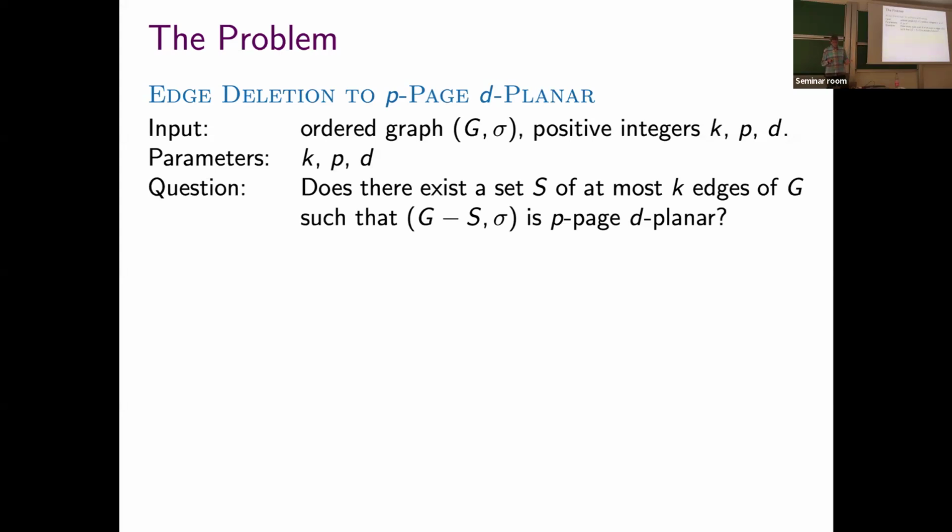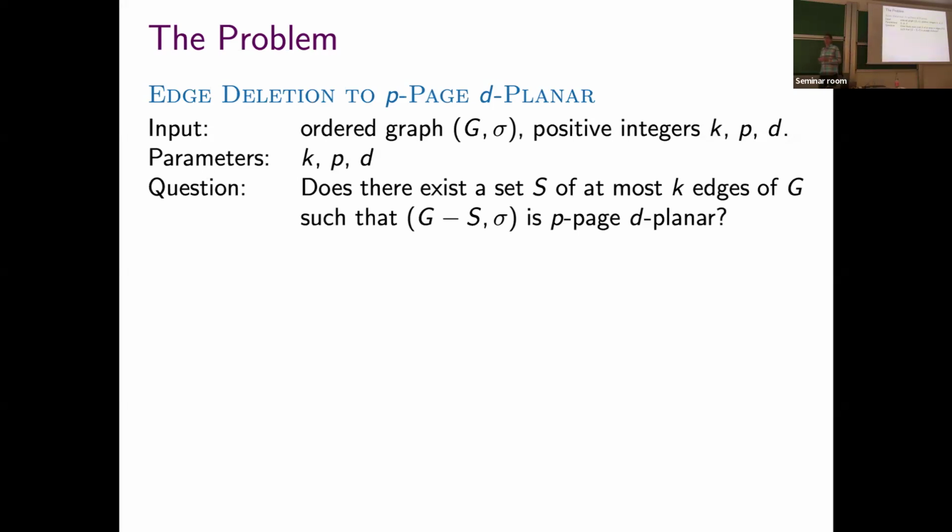And the question that we want to answer is, can we find the subset S of at most k edges of our graph, such that if I remove this subset of edges from my graph and keeping the same ordering of the vertices, can I then find a mapping of the remaining edges to the given number p of pages, such that every edge has no crossings or has at most a fixed number p or d of crossings.